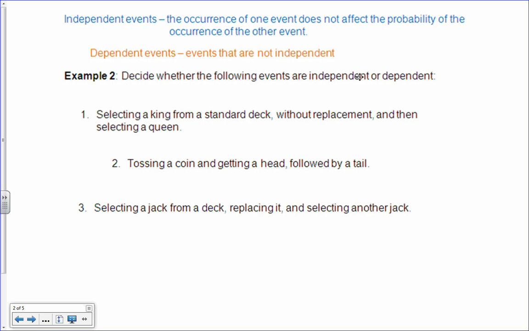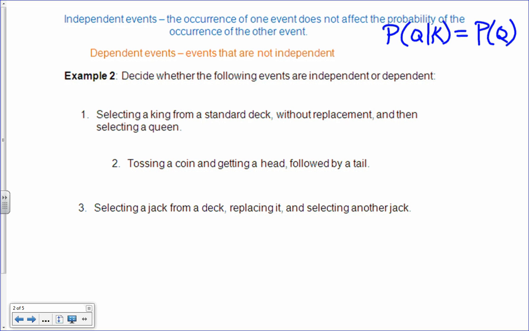So one way to check this, independent events. For example, in that last one, it would have been independent had that just equaled that, correct? They would have been independent if the king really didn't affect the probability at all, correct?